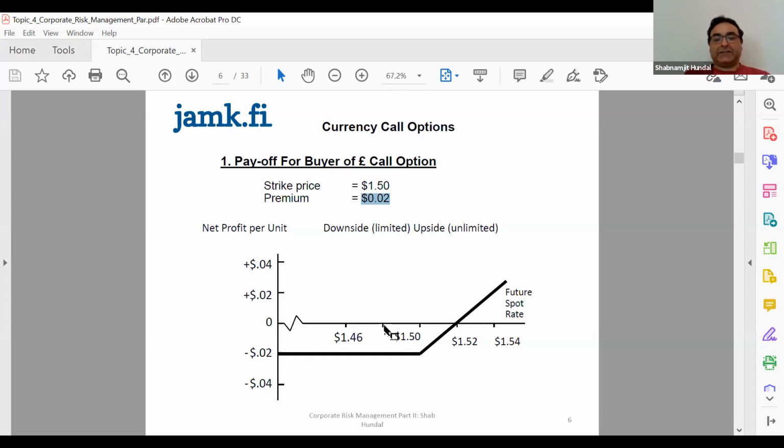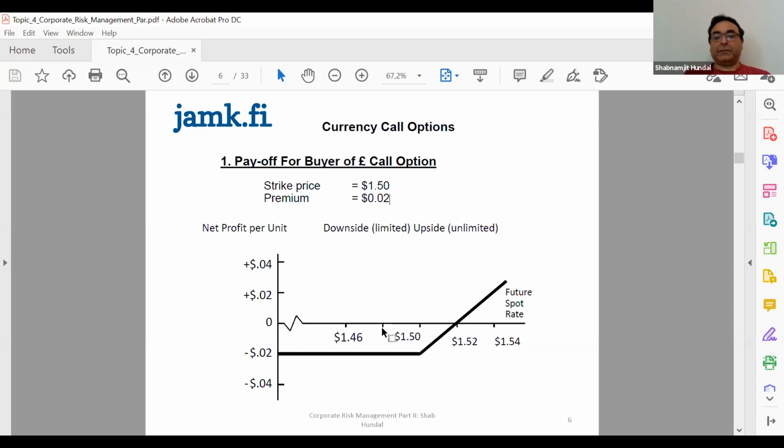Will you still exercise the option when the market price is 1.48? You will not. The reason is that whether you exercise the option or not, this 2 cents is a separate thing.